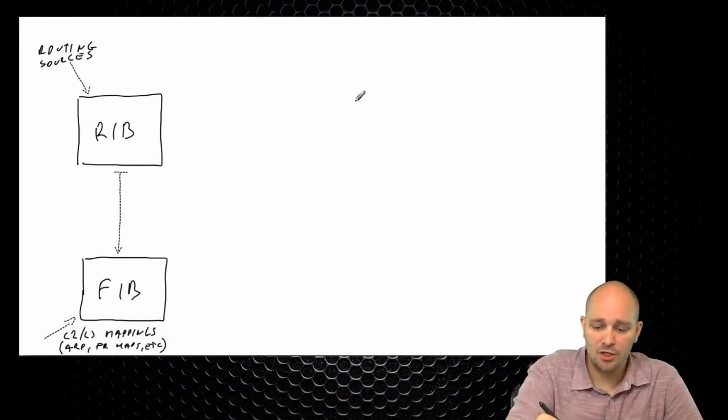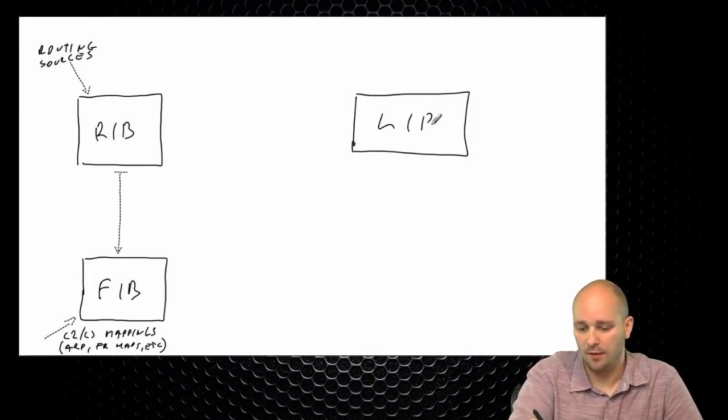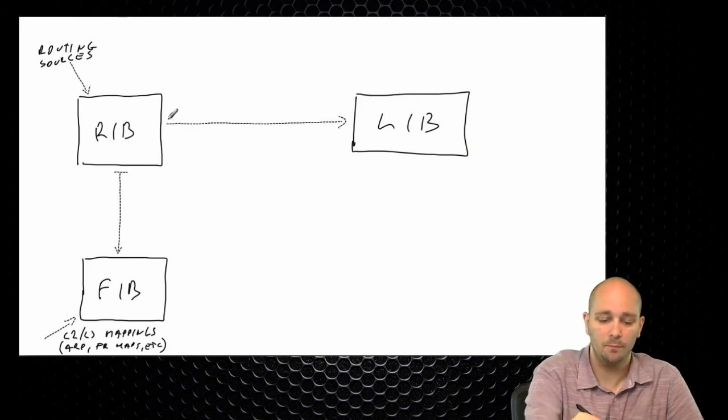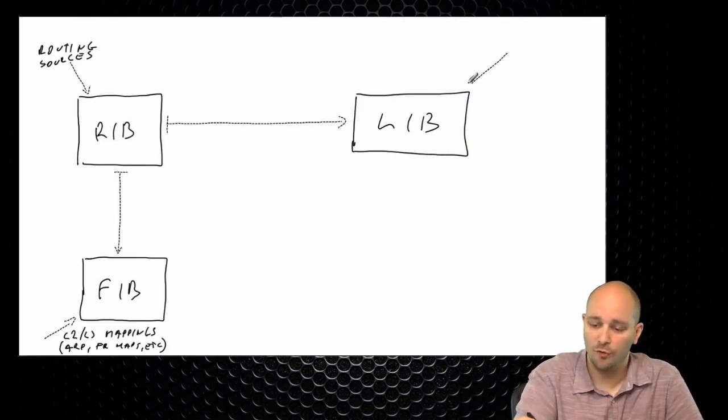Now, the label information base, so this is our LIB table here, is going to be composed of information from the routing table and also from label exchange protocols.